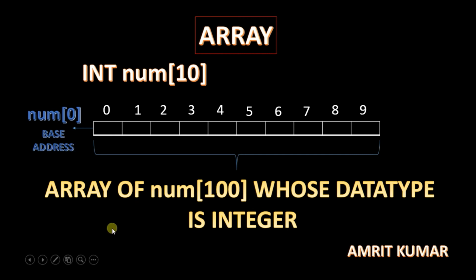So we can say this is an array num of 100 whose data type is integer. This is how we can perform a single dimension array in C language.